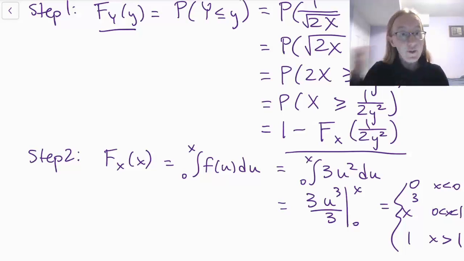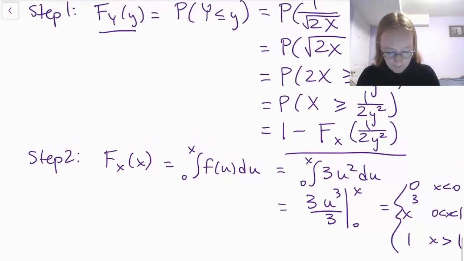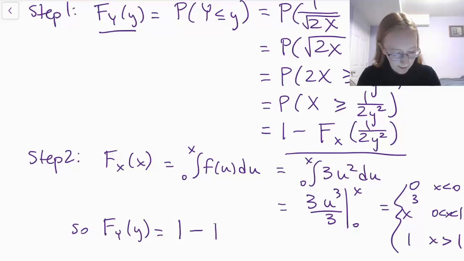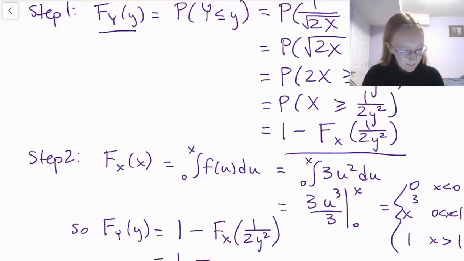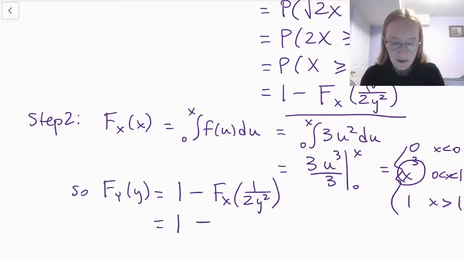So now we can use this to find big F of y. So big F sub y of y, it's 1 minus big F sub x evaluated at 1 over 2y squared. And so that's 1 minus that whole thing cubed. So whatever that argument is, we're gonna cube that whole thing.